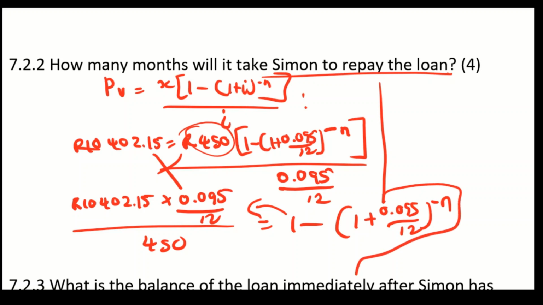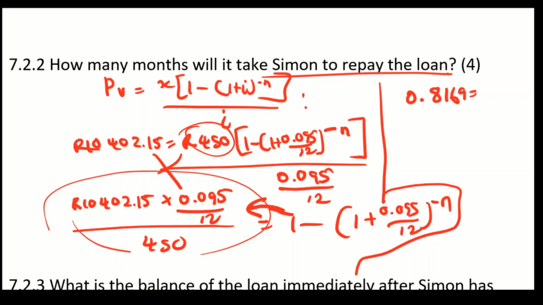So the answer that you're going to get once you transpose this to the other side and then calculate the entire value, you will get an answer of 0.8169 is equal to, so just add everything here. Obviously the negative is going to be divided out, so it's not a problem. And here you're just going to get 1.0079 to the power of negative n, right?